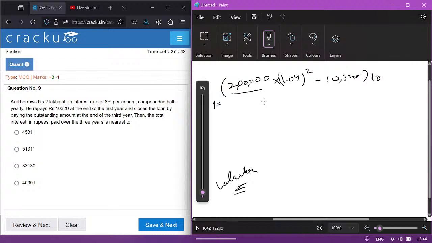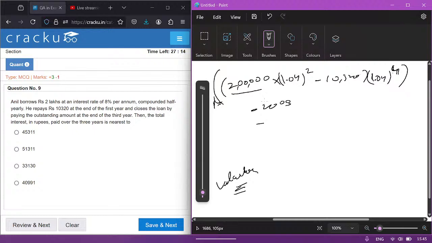So into 1.04, because third year, he'll compound it 6 times, right? So how much did he pay? This is the total that he'll pay. We'll subtract 2 lakhs, because that gives how much interest he'll pay. So I'm just doing the calculations. Okay, just bear with me. I'll have to use my calculator.